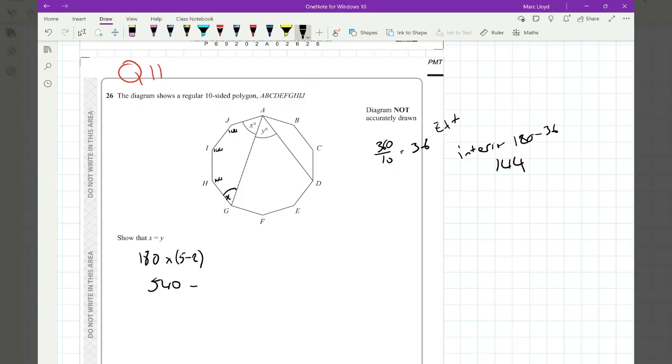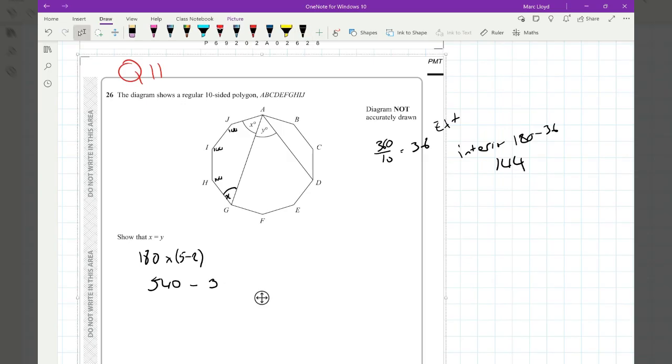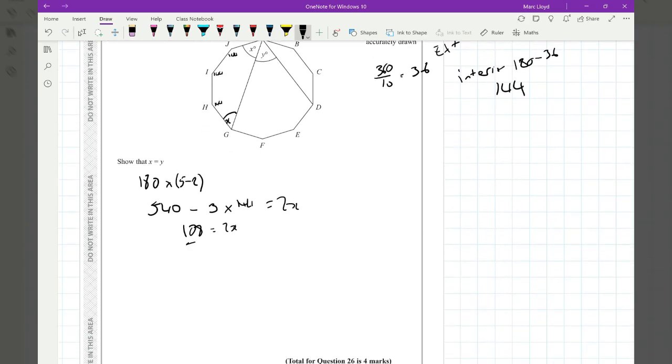And then 540 take away 3 lots of 144 will equal the 2x. 144 times 3, 540 take away the answer, 108. And then we divide it by 2, giving us 54 equals x.